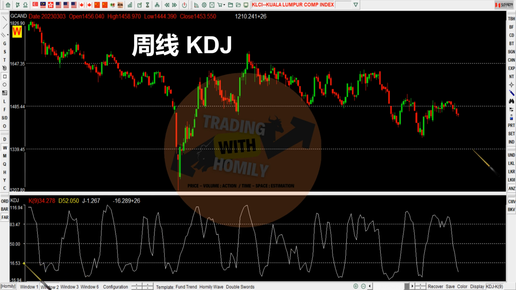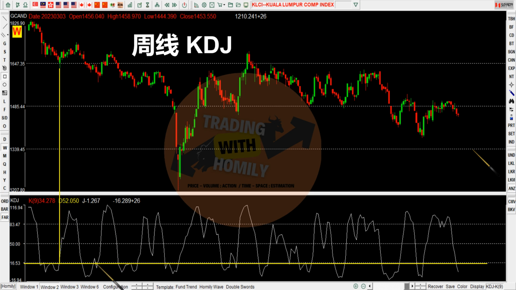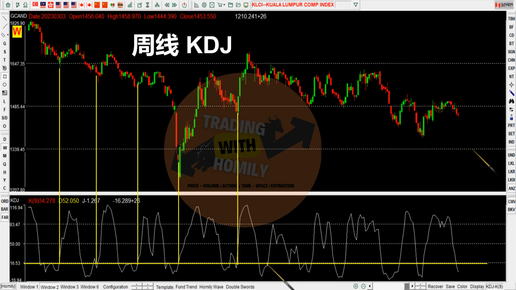Every time when the J line penetrates upward through this yellow line, we can say it is a medium bottom. So nearly every time, because I have used this method for more than 5 years.